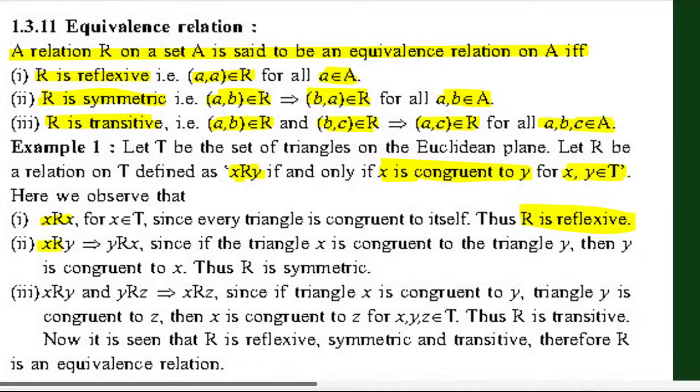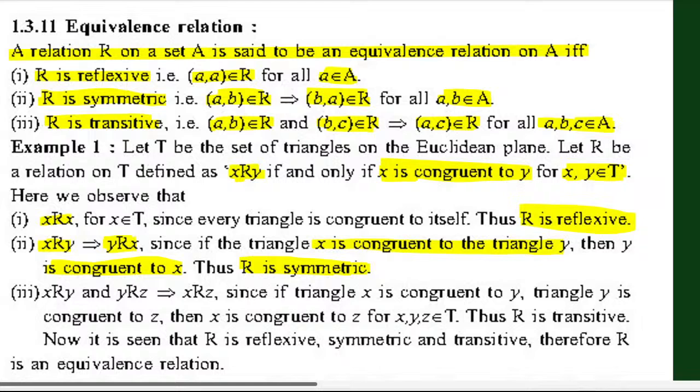Next, X related to Y and Y related to X. Yes, this will also be fulfilled. If X is congruent to Y, then the triangle Y will also be congruent to X. Yes, so we can say that R is symmetric.